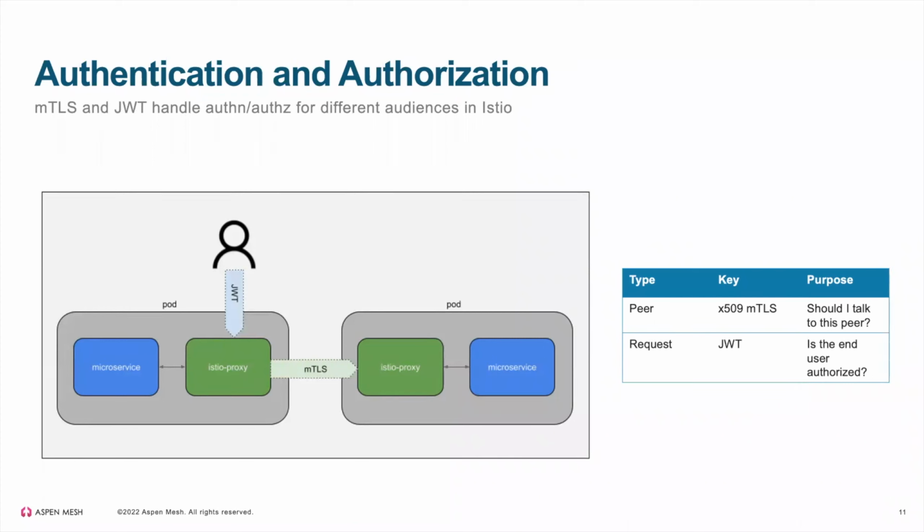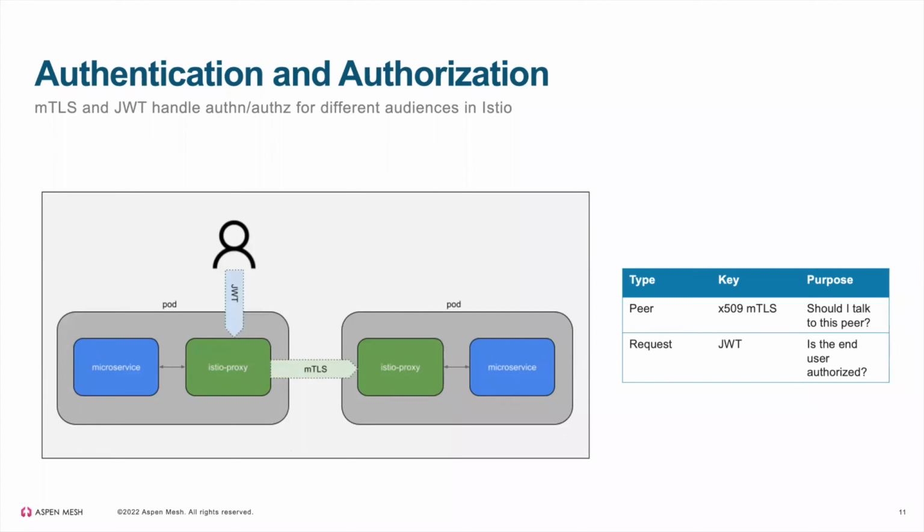Tokens. So JOT is part of the OAuth flow, and an end user would authenticate with some identity management system, and that would issue a JOT token that the user would then send as part of the request to an application. And then the sidecar proxy would then authenticate that against that issuer to make sure that the user is allowed to do whatever they're requesting.